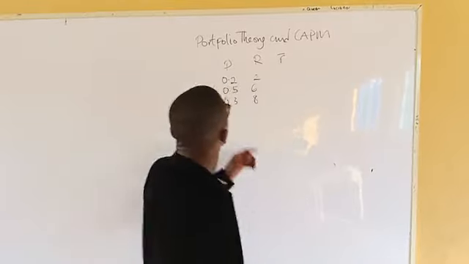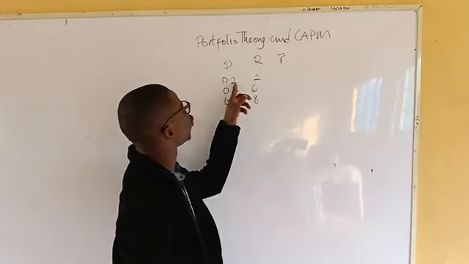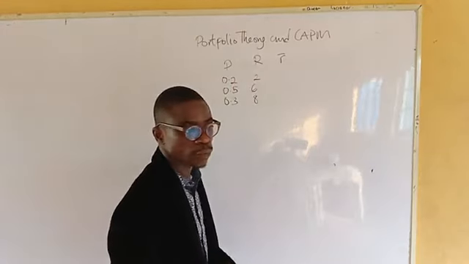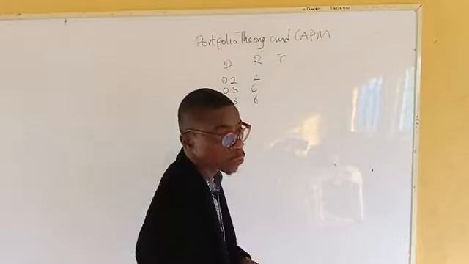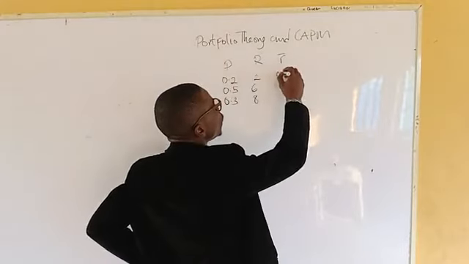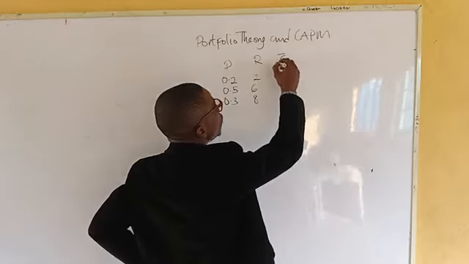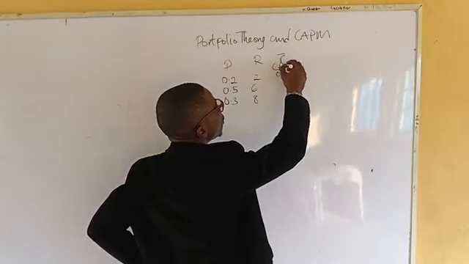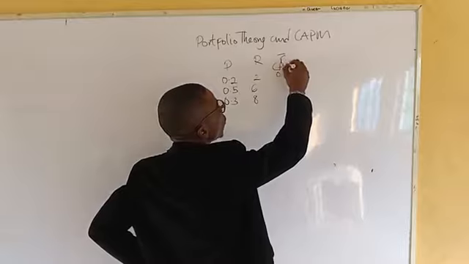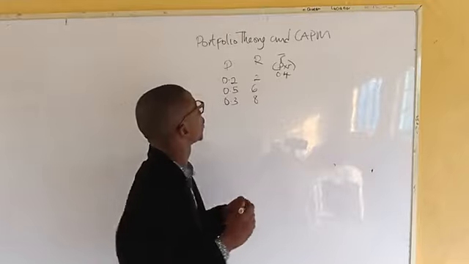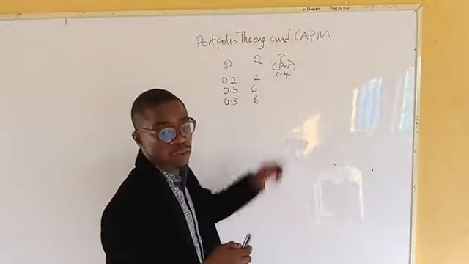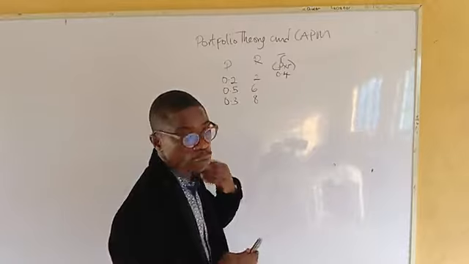Are we together? So 0.2 times 2 will give us what? 0.4. So let me just put it here like P times R. Now, 0.5 times 6 is what? 3.